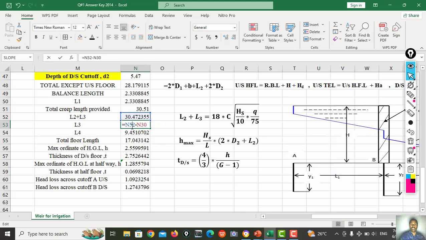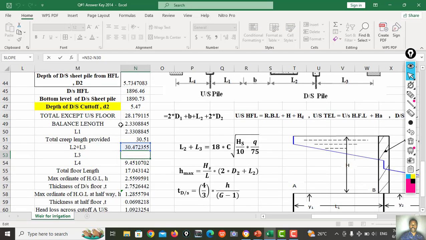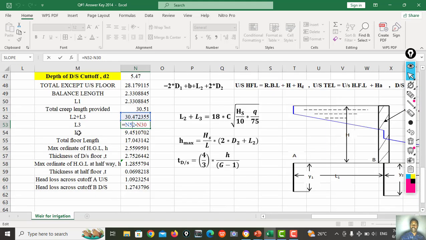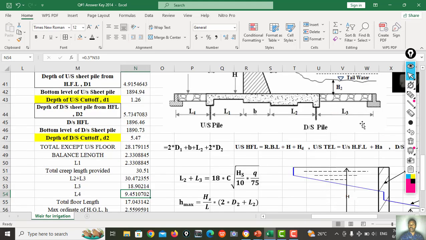Then L3 will be, you just subtract now. L3 will be from the total, you subtract L2. So what is L2? L2 already computed here, 11.57. You subtract, then you get L3. So this is the floor dimension, where L3 is the downstream boulder pitching, and this is upstream boulder pitching, this is upstream impervious apron, and this is downstream impervious apron.